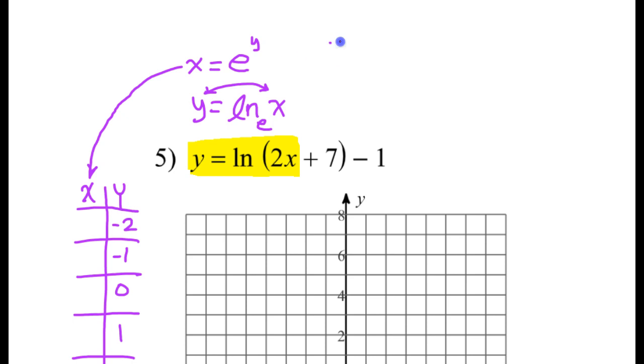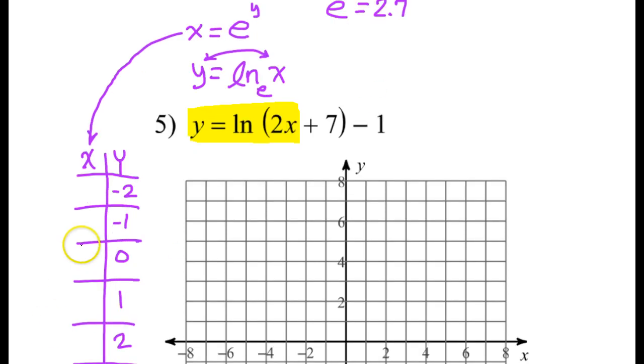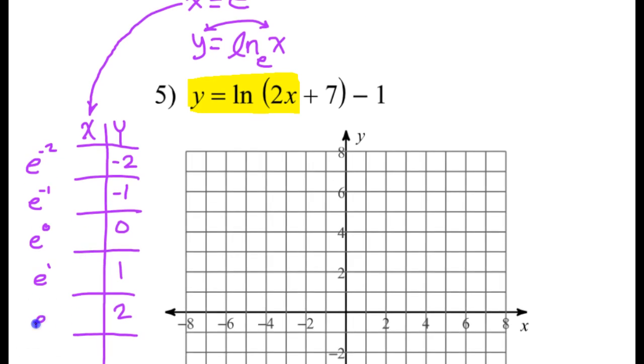Now, somewhere in the back of your mind, remember that e is approximately 2.72. In fact, I'm just going to use 2.7 as an approximation. So that means to find these x values, I'm doing e to the y power. So I'm doing e to the -2 power, and e to the -1 power, and e to the 0 power, and e to the 1 power, and e to the 2nd power.